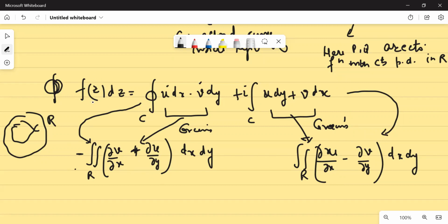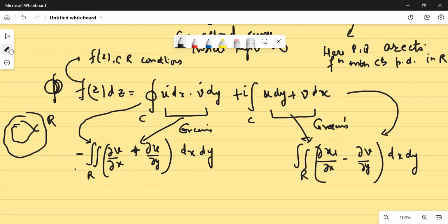If my f(z) is analytic, that implies the derivative of the function exists, f dash z exists, and also that the Cauchy-Riemann conditions hold.